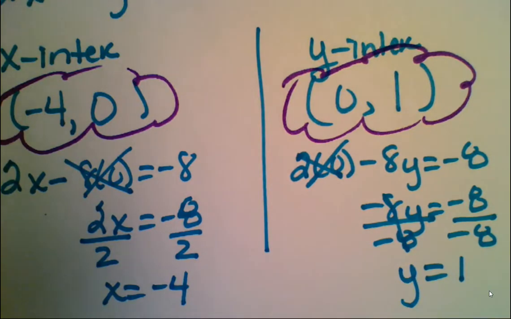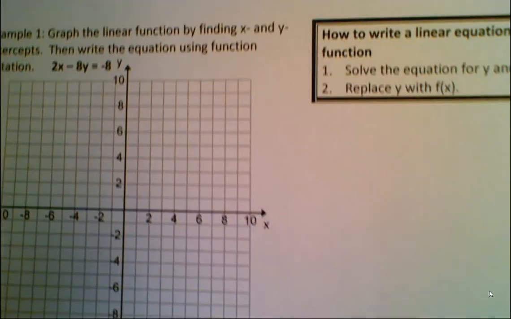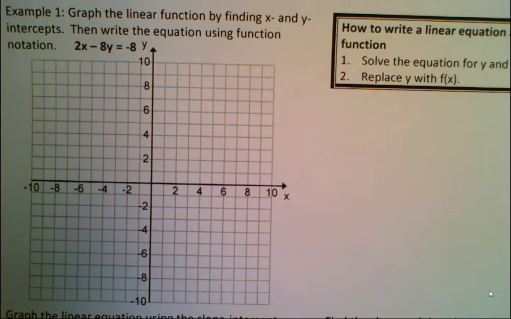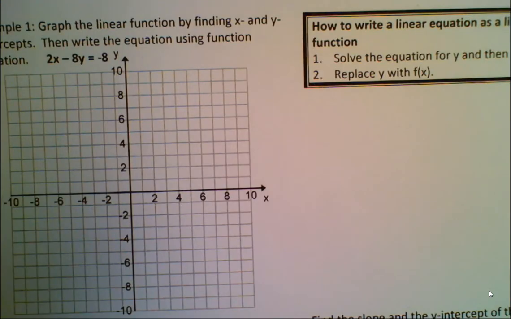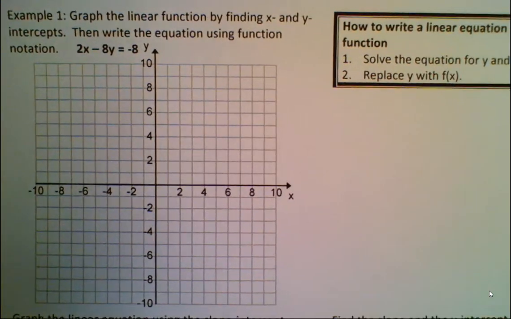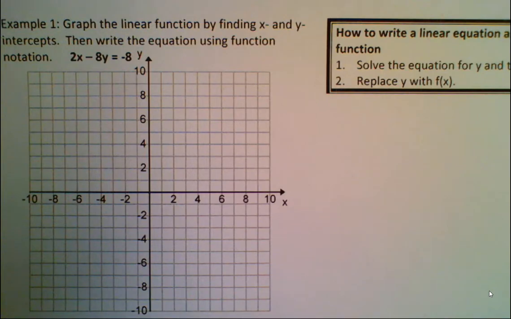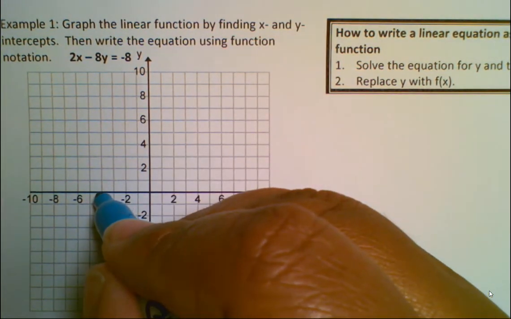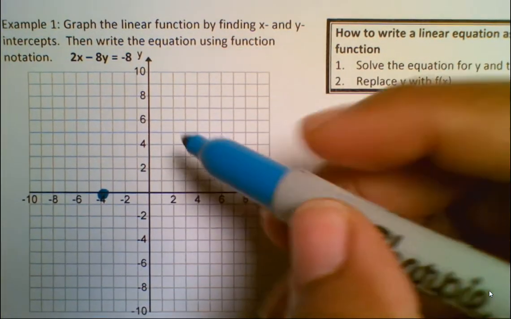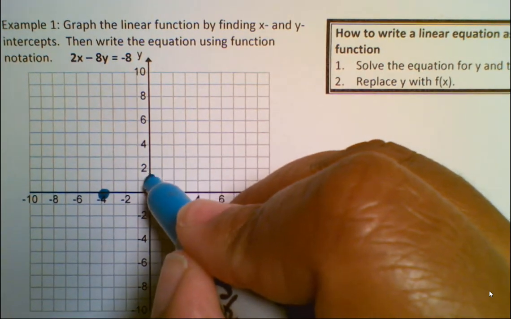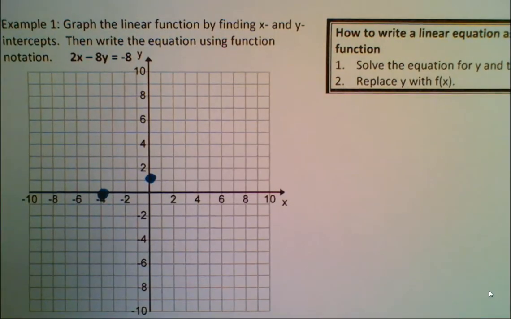So back to our graph. Let's plot those points. We have negative 4, 0, and we have 0, 1. And then connect the points.